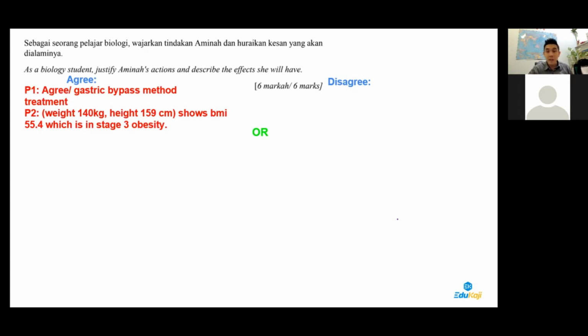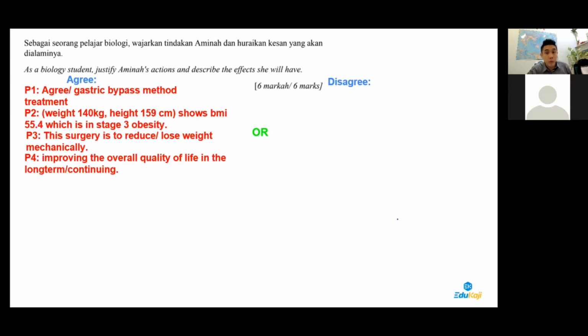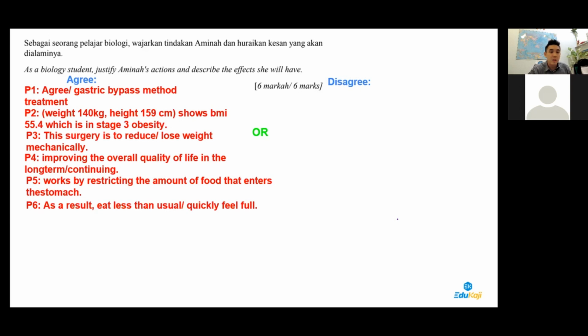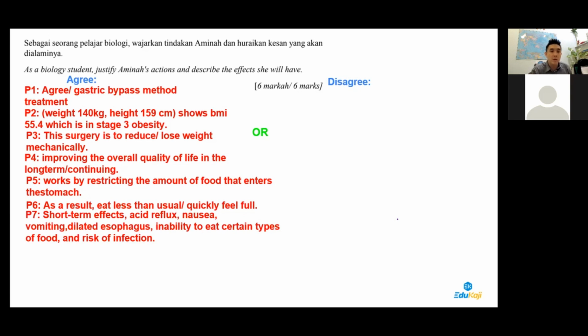If you agree with this method, it is simply because she's too heavy. So this is to reduce her weight drastically and therefore improve quality of life. It reduces the amount of food that enters, so she'll eat less. There are some short-term effects, obviously.